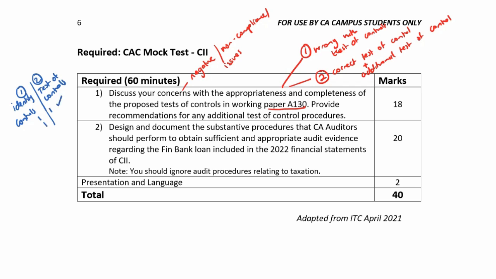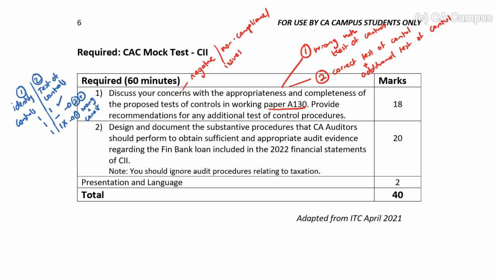Where there's a control and there is no test, I need to go and put that under my step 2, which is the additional procedures. And where there is a control and the test is not okay, so there is a test but it's not correct, then I need to do that in point 1, which is to state that it is wrong and then give the correct.